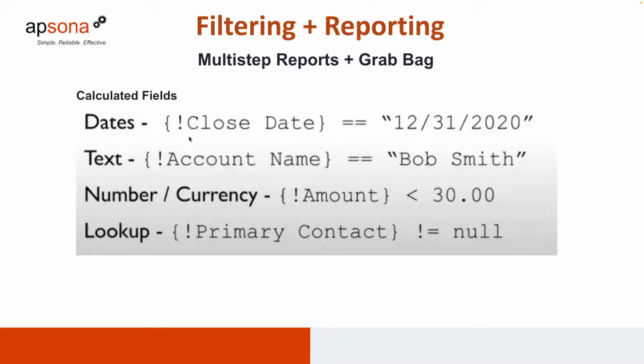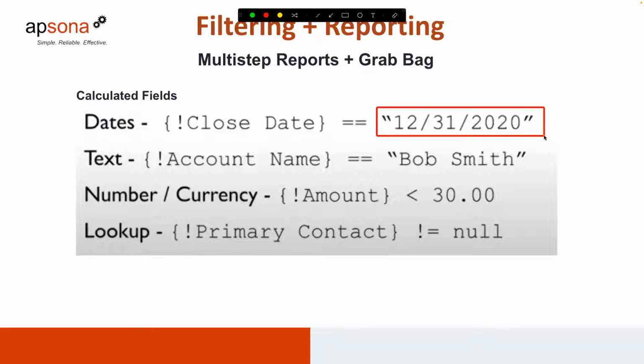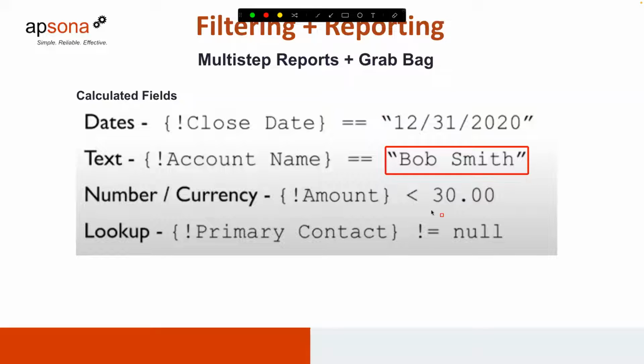So I think we've covered most of this, but this is just talking about how you would work with different field types. If I want to ask about a date, I'm going to ask about that date within quotes, even though it is kind of numbers in a sense. It needs to be seen as text to search for it. A text field obviously needs to be in quotes.